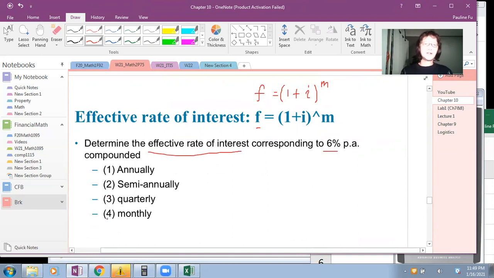There are 4 situations. First, if it is compounded annually, M equals 1, and we plug into the formula. So F equals 1 plus 6% compounded annually, then raised to the power 1.